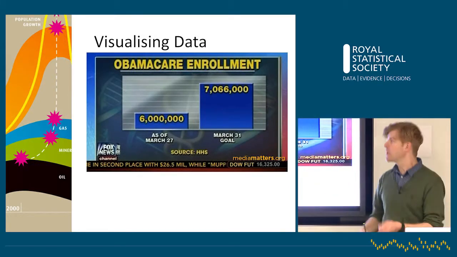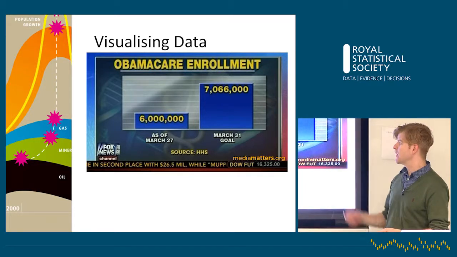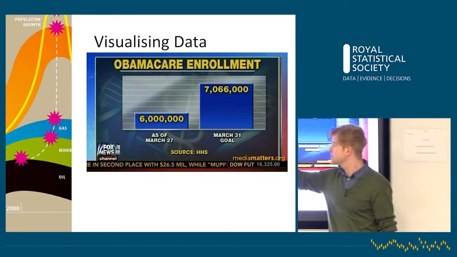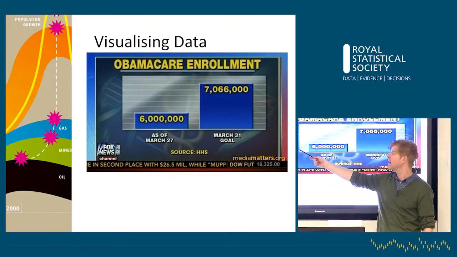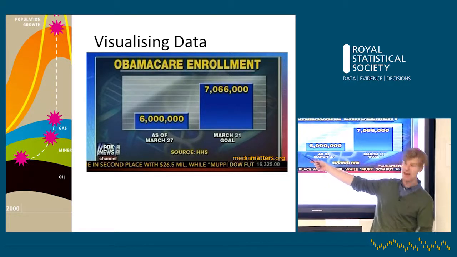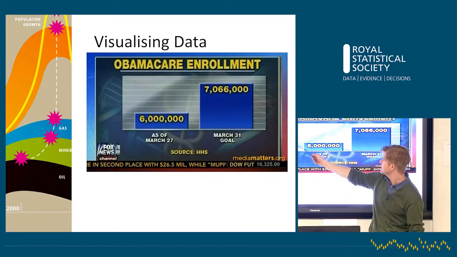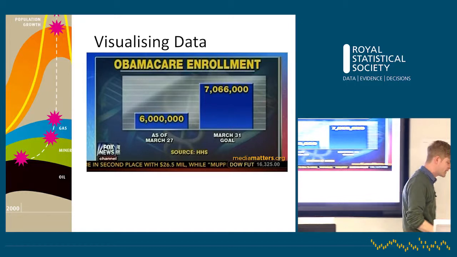I'll just whittle through another example or two, suggestive at least of a political bias here. They've chosen to dispense of any units on the y-axis. They've chosen not to say that they're starting from, who knows what, say 5.8 million or something.